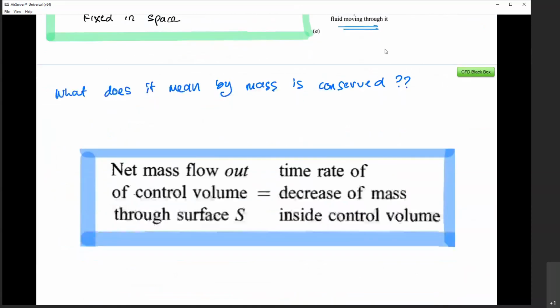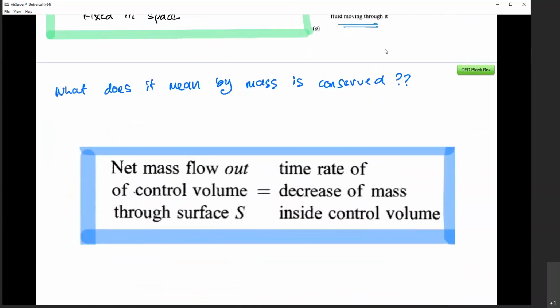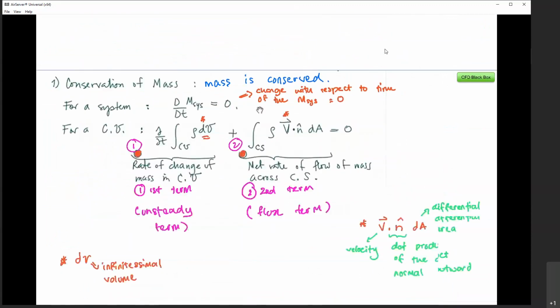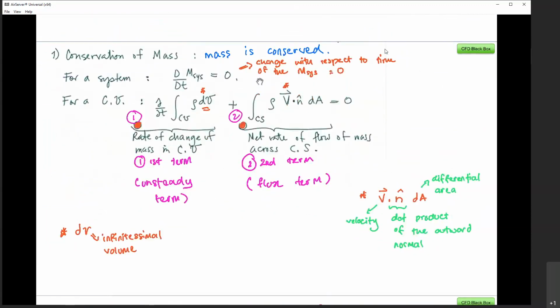What does it mean that mass is conserved? In the simplest terms, it means the net mass flow out of the control volume through surface S, the control surface, is the same as the time rate of decrease of mass inside the control volume. So conservation of mass basically means mass is conserved.